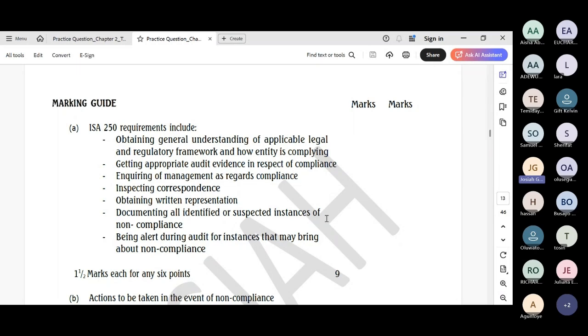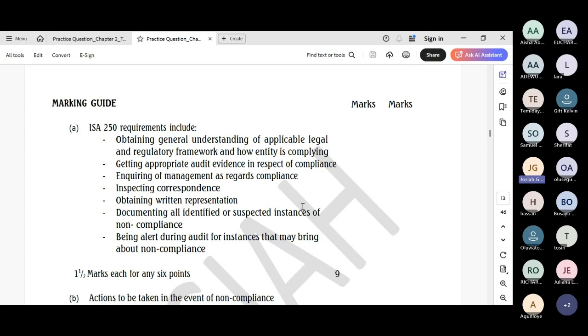So non-compliance can be uncovered by various means as you go on with the engagement. So for example, analytical procedures and other confirmations. Then, like we said, written representations. Management's formal confirmation of disclosure must be in writing. And most importantly, documentation, which is essential for audit trail and compliance with ISA 230.